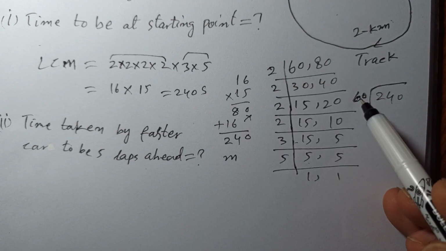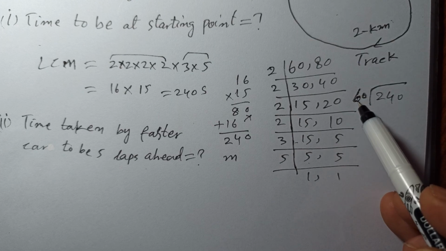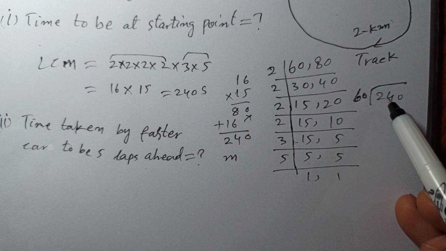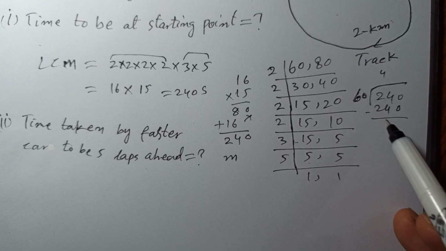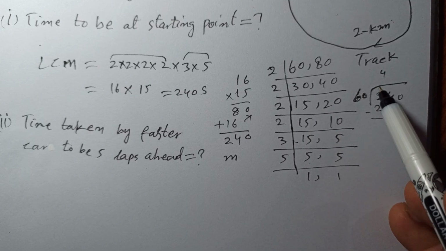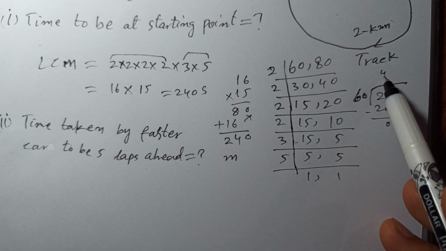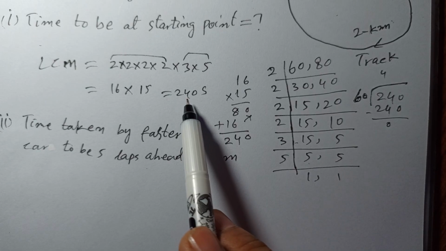When 240 is divided by 60, read the table of 6. 6 4s are 24, write 4 here. 4 zeros are 0, 4 6s are 24, remainder is 0, and 4 is our answer. It means that now our time is 4 minutes. Our LCM is 4 minutes.